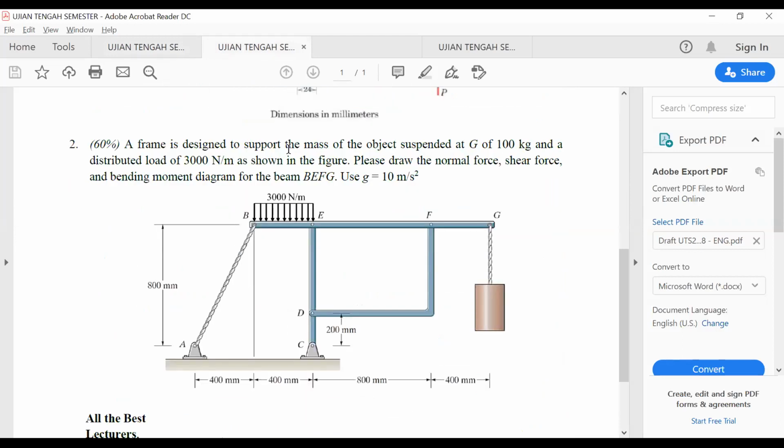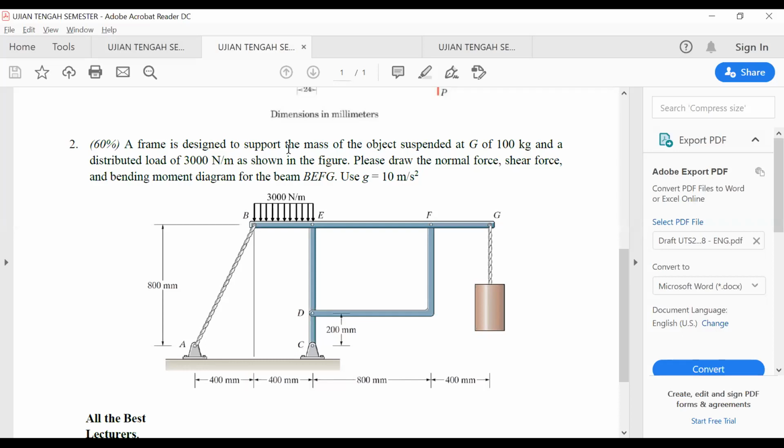External force. How do you find it? At B and at E, F. Sorry, I can't hear it clearly. At E and F, sir. Oh, at E. Okay then. At E and at F. Okay.